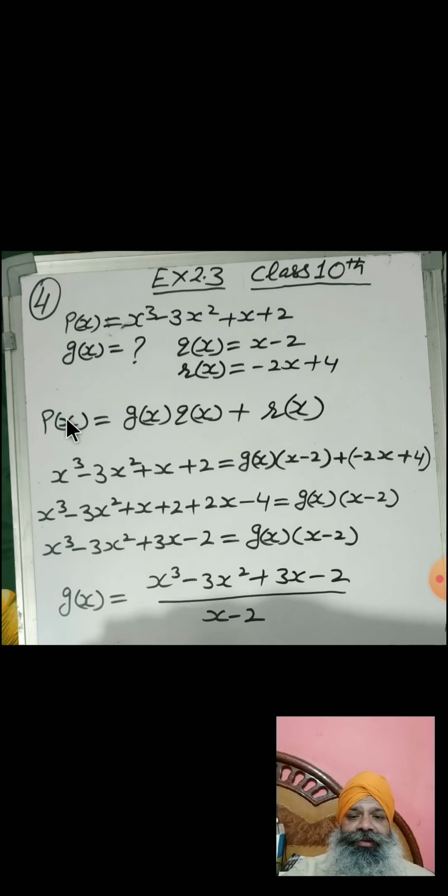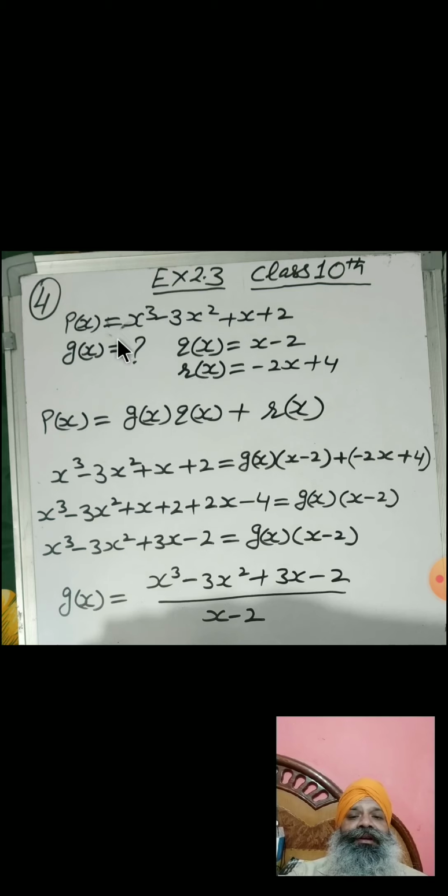So here, p(x) equals g(x) times q(x) plus r(x) is also a division algorithm. Okay, so put the values that we have for p(x), q(x) and r(x) in this division algorithm equation.